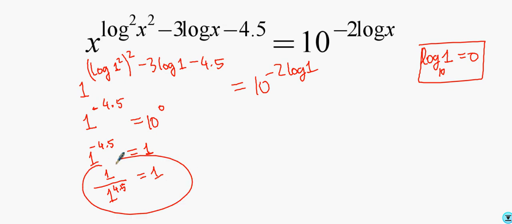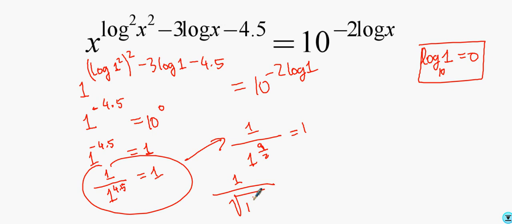So we already see that this works, but just for fun, let's rewrite this as 1 over 1 to the power of 9 over 2 equals 1. Well, 9 over 2 is square root of 1 to the 9th, and 1 to the 9th is 1. 1 over square root of 1 equals 1.